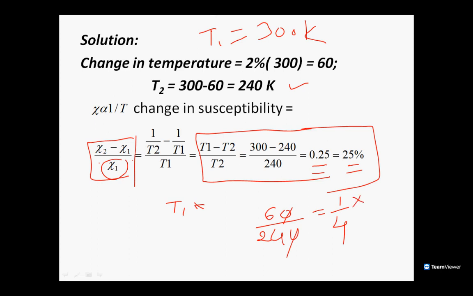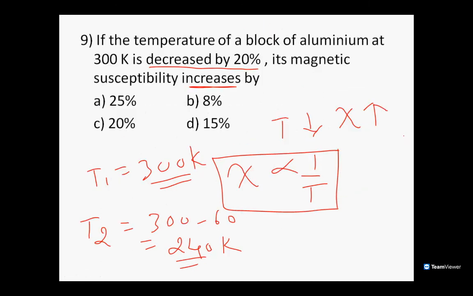To convert 1 by 4, make the denominator 100: 25 into 4 equals 100, so this becomes 25 divided by 100, which is 0.25. In percentage it becomes 25%. So the right choice is 25%.